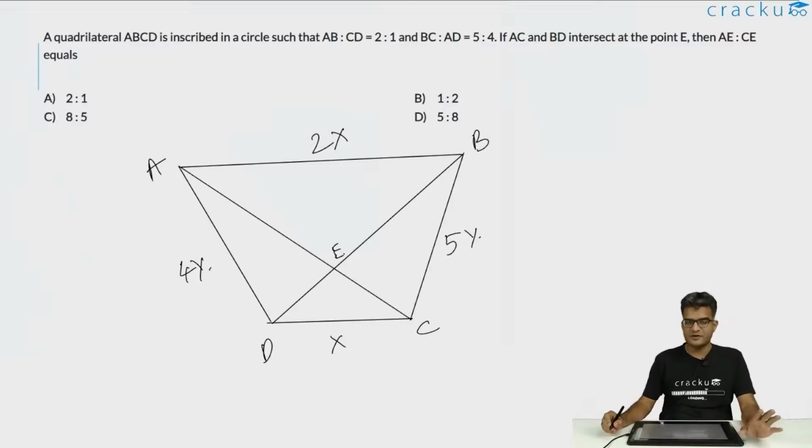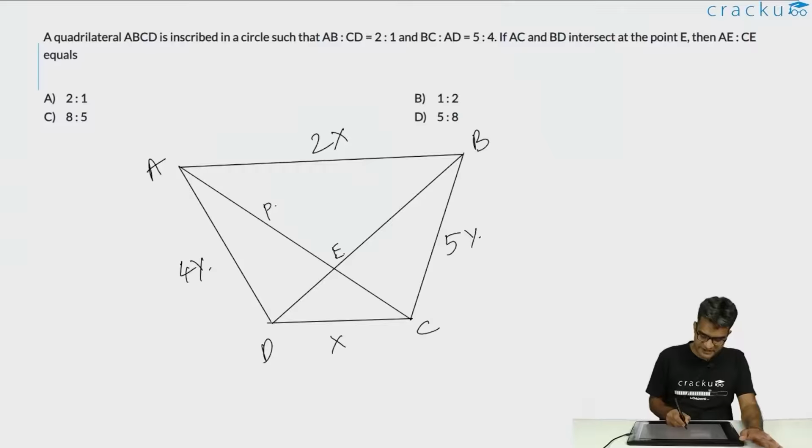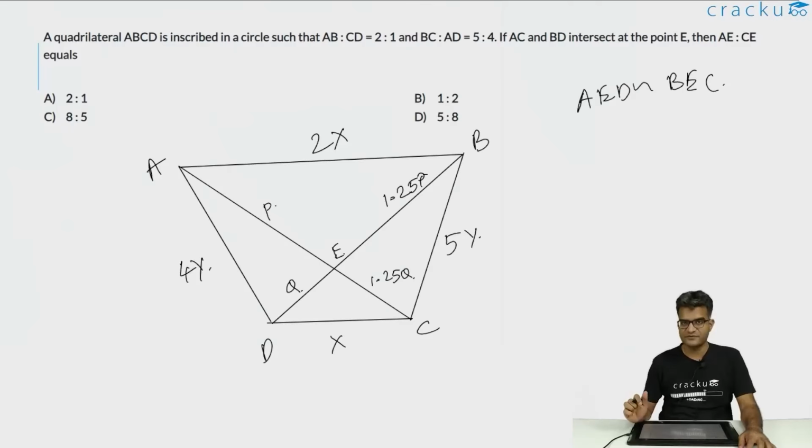First, using one set of similar triangles, you will calculate that if this is P, this will be 1.25P, because AED is similar to BEC, and if this is Q, this will be 1.25Q, because the ratio of the sides of these two triangles is 5:4.